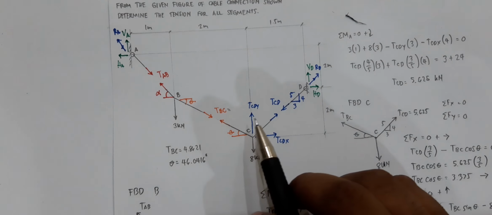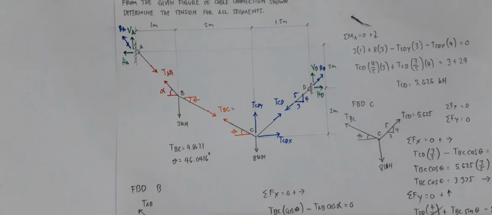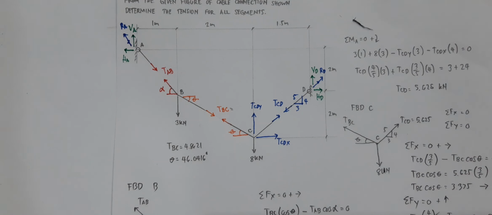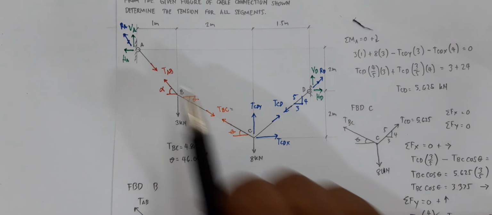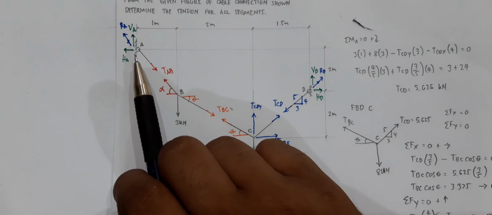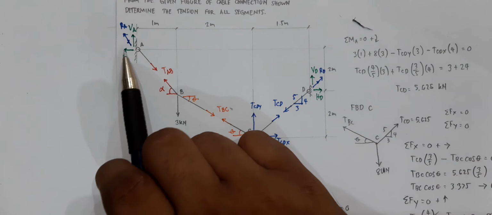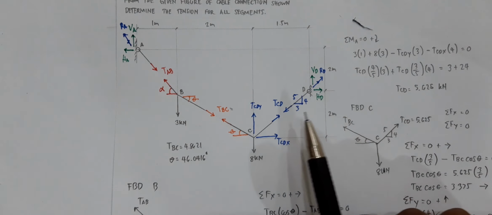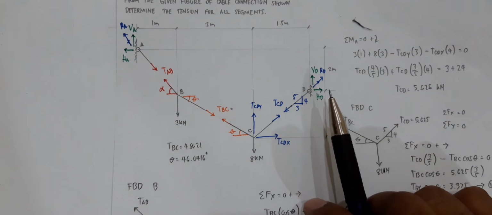So with that, you have calculated all the forces acting on each segment of your cable system. Now, for the reactions at the supports, you can basically take the component. Since TAB here is collinear with RA, same is true with TCD, which is collinear with RD.